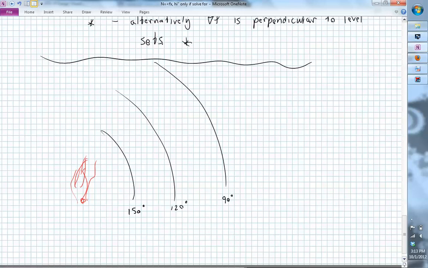And it's not just those shells, right? There's 150.000001 degrees, right? Every value that you can think of has a shell associated with it, has this level set associated with it. And every one of those level sets looks like a sphere.